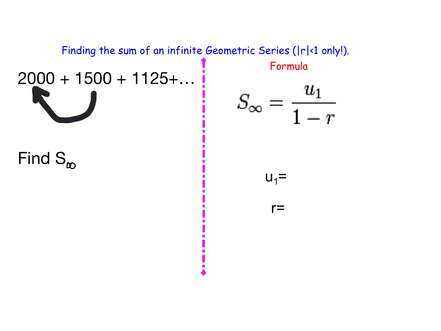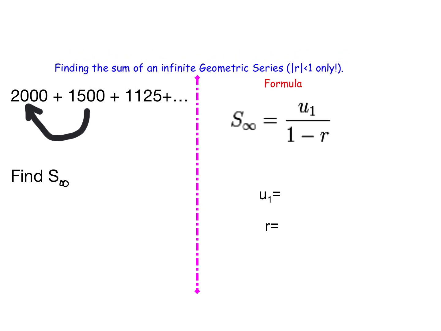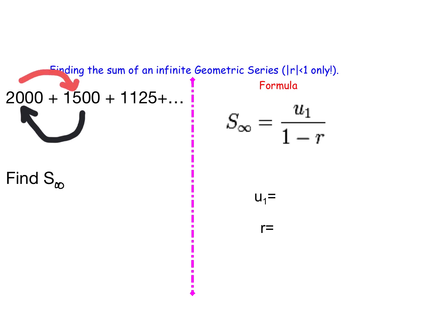1,500 divided by 2,000. It says 0.75. Do you get I'm multiplying by 0.75? I'm going to try it again. 1,500 times 0.75. I'm going to just see if it actually worked. 1,500 times 0.75. 1125.